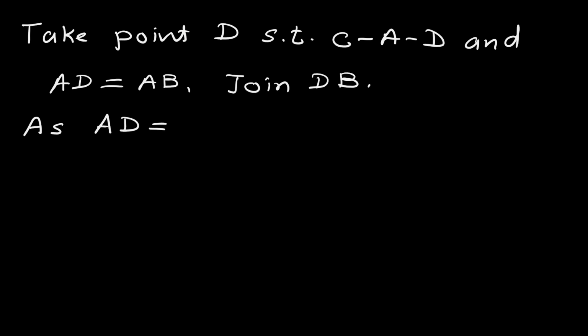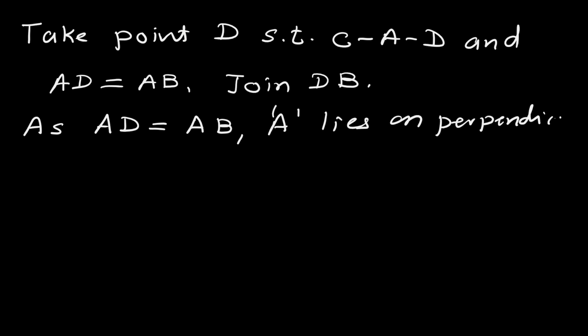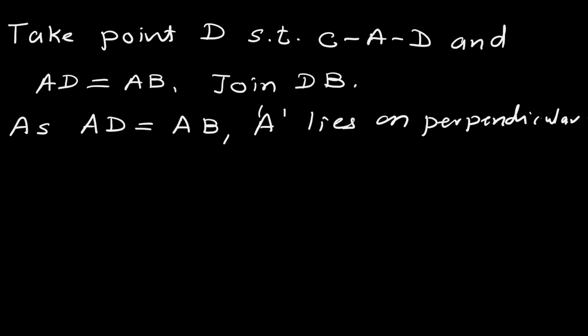As AD is equal to AB, point A is equidistant from B and D. What is the condition? A lies on the perpendicular bisector of segment DB.